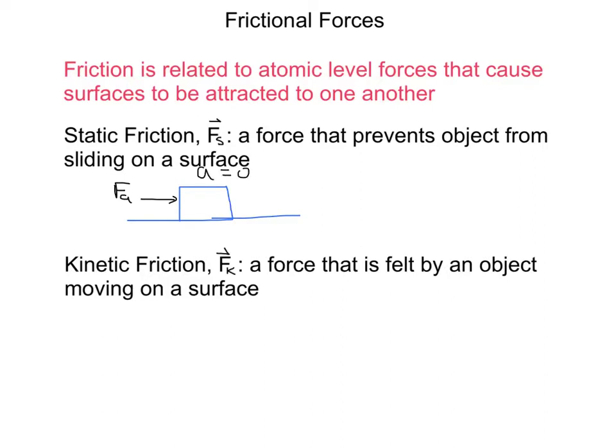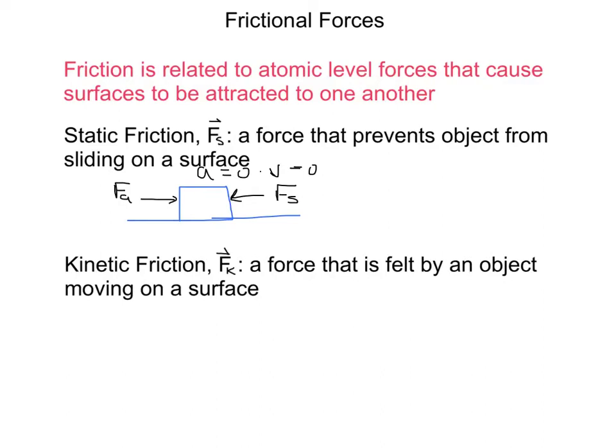Acceleration is 0, and in this case the velocity is 0. Okay, so this object is not moving. But if acceleration is 0, the net force must be 0, so there has to be a force that's counteracting this applied force. So that must be friction, and since it's not moving, it's static friction. Okay, so it's the force that prevents an object from sliding on a surface.